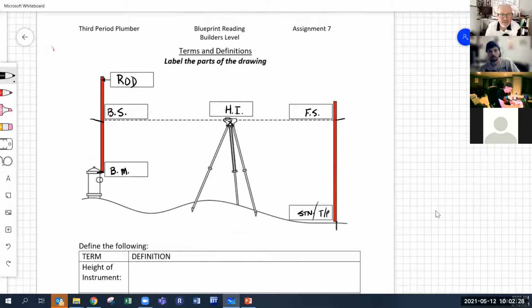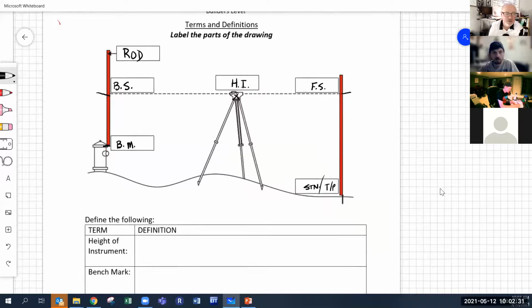So these are the terms, and then we will actually give each a definition.